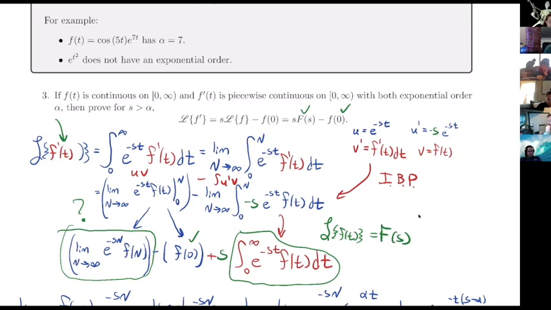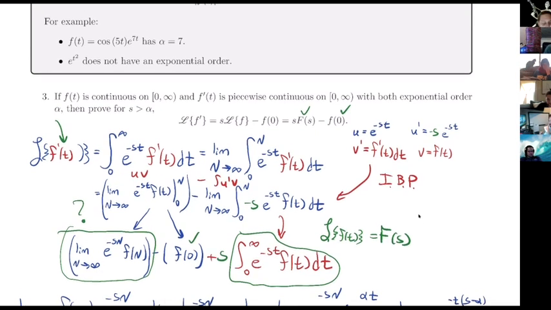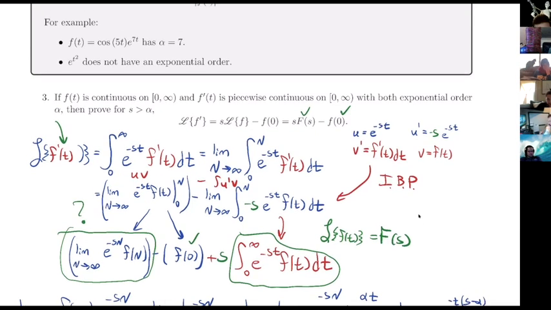To take a look at this limit, we're going to use the fact that we have assumed in this statement that the function f and f prime both have exponential order alpha.